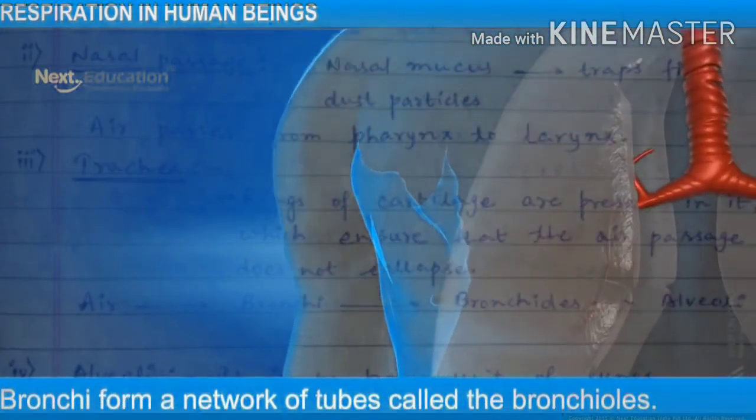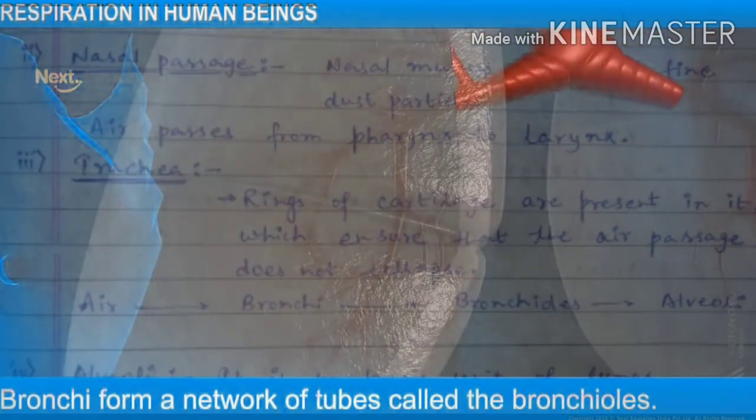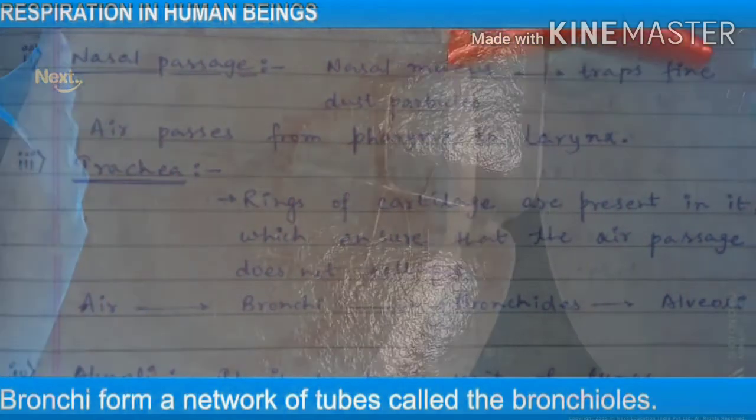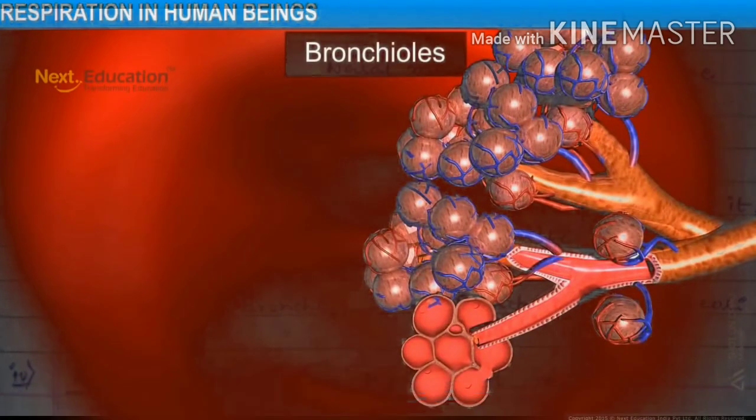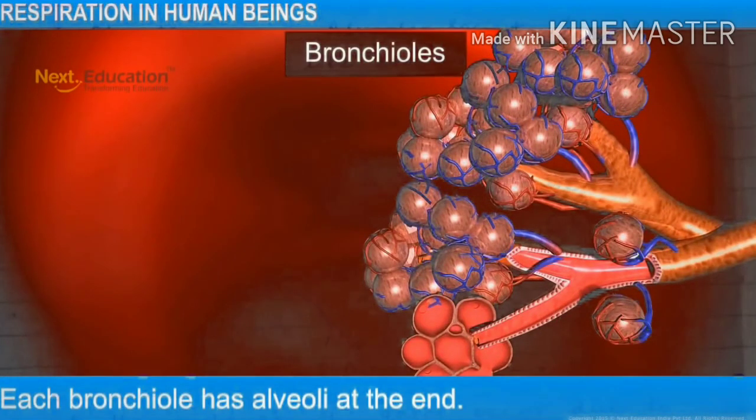After this part, the air is transferred into the bronchi, and from the bronchi it goes into the alveoli. The alveoli are the basic unit of the lungs, made up of alveolar sacs and tubules.